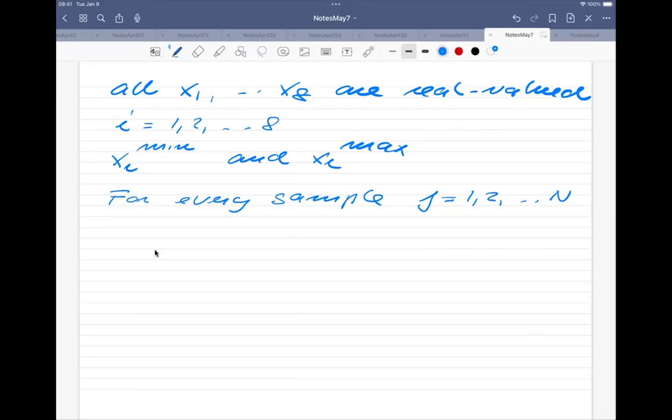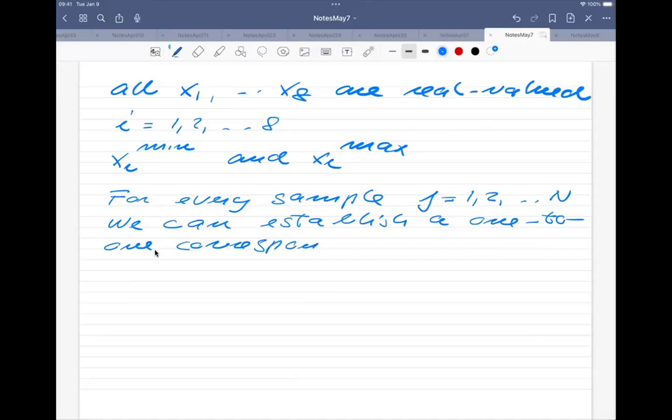If we insist on this housing data set, then we can establish a one-to-one mapping between the value of a given feature and the corresponding rotation angle. Keep in mind that the subscript i stands for the features and the subscript j stands for the samples. So we can establish a one-to-one correspondence between rotation angles.